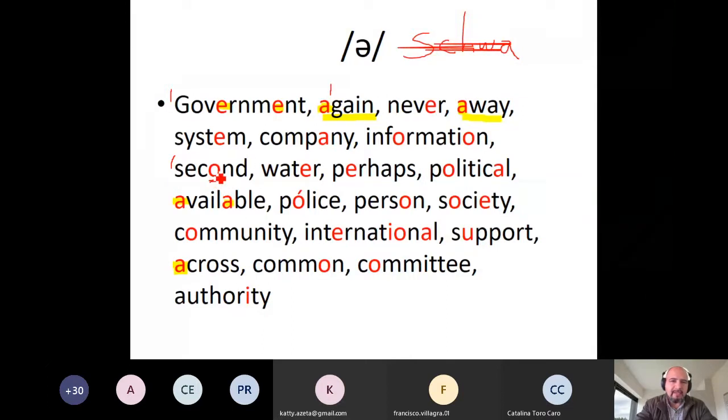Second. Okay. I'm sorry about the tilde here, which is not supposed to be there. In final position, person.